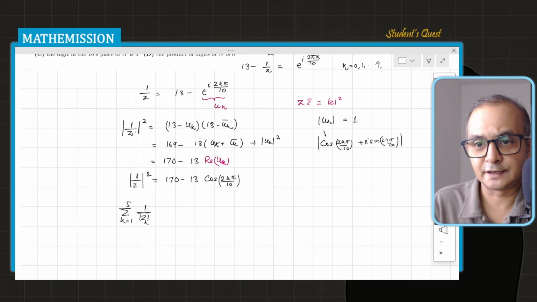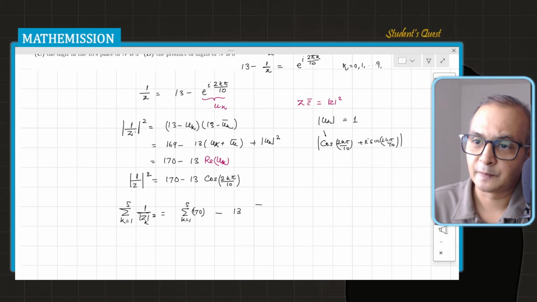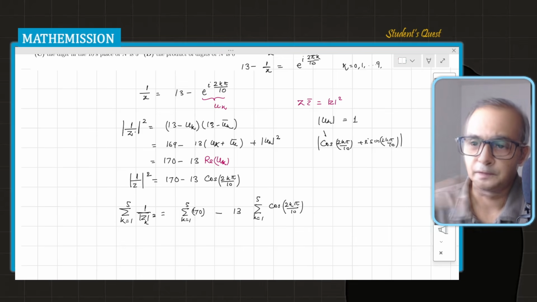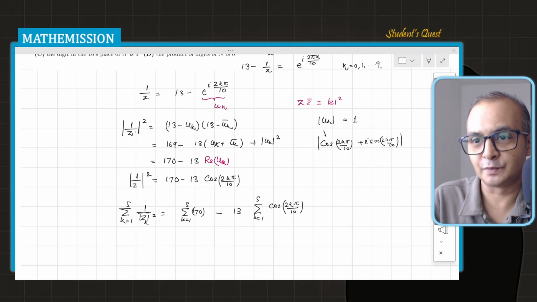So I can write here zk, no problem, square, and that will give you the summation k from 1 to 5 of 170, so you are adding 5 times 170, and this is 13 times the summation k from 1 to 5 of cosine of 2k pi by 10. By the way, I think I made a mistake with the real part of uk. uk plus uk bar is twice of this, so that should be 26 here.